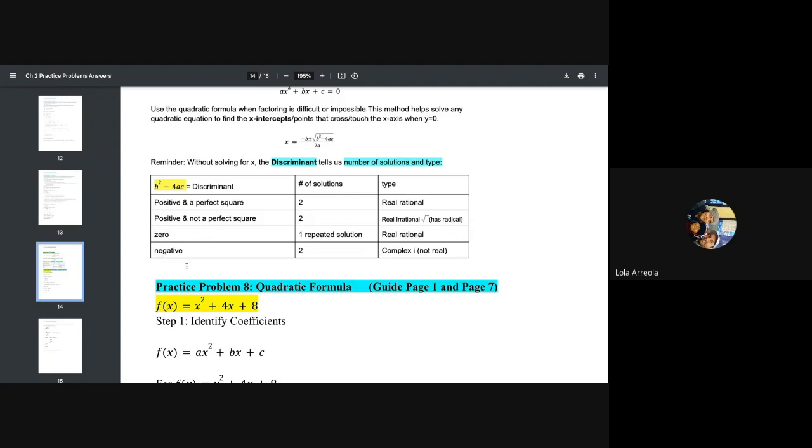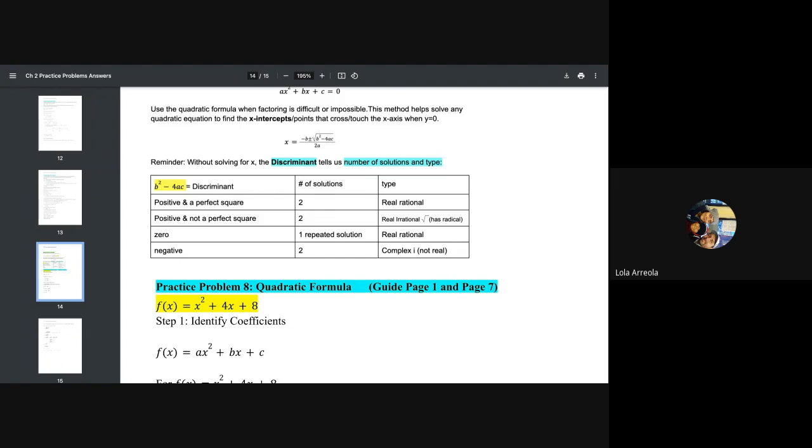Okay, so negative 16 is negative, so for sure, that means I have 2 solutions, okay? And these solutions are complex, okay? Which means I have i. They're not real. So actually, even though I'm going to get 2 x values, these x values are not even going to be on the graph, which is okay. Again, this problem's not even asking me to graph.